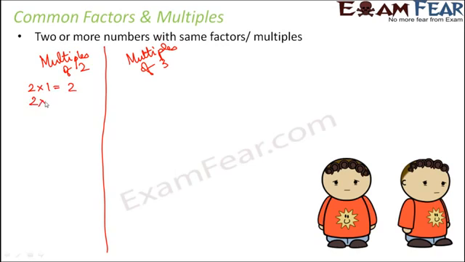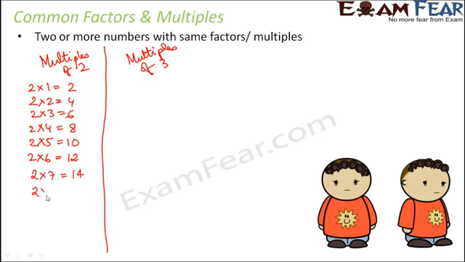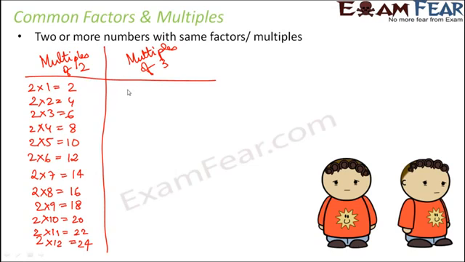This would be 2, 4, 6, 8, 10. Now we will write considerable number of multiples so that it becomes easier for us to find out the common multiples between 2 and 3. So these are the multiples of 2. Now let us write multiples of 3. So that would be something like this.